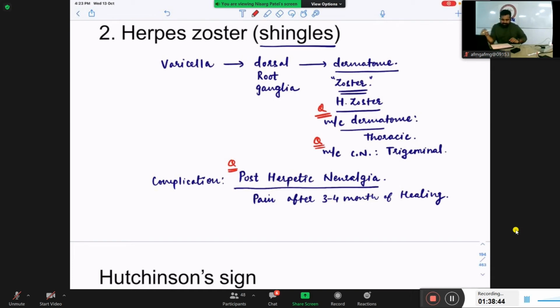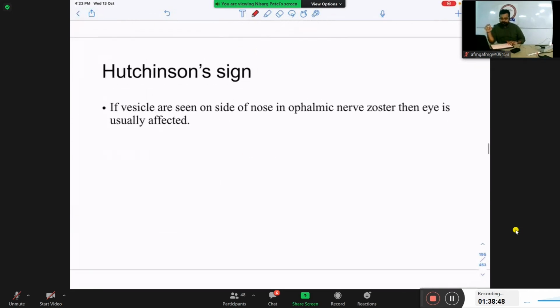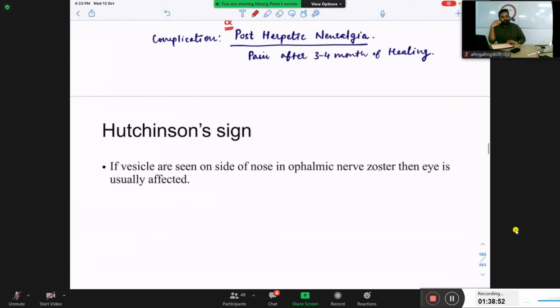Two important signs of herpes zoster. The first is Hutchinson's sign. Why this sign is important is ophthalmic involvement. When you see that a vesicle is present on the side of the nose, after 2-3 days, this person can involve the total area of the face including the eye.